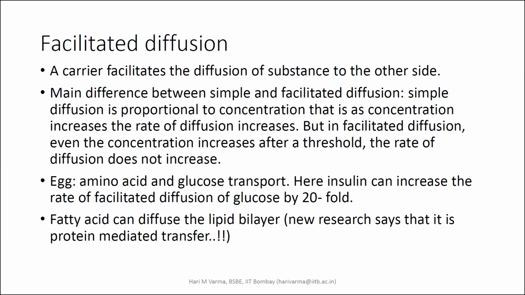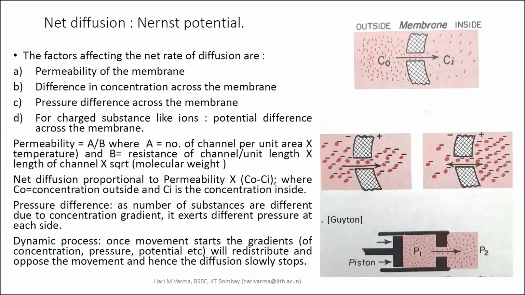So facilitated diffusion, I already told you. Now we are going to look at these potentials, right? I told you the factors that affect the net diffusion. First is the permeability of the membrane, that is, how permeable the membrane actually is to some material. Permeability basically depends on the resistance of the channel.